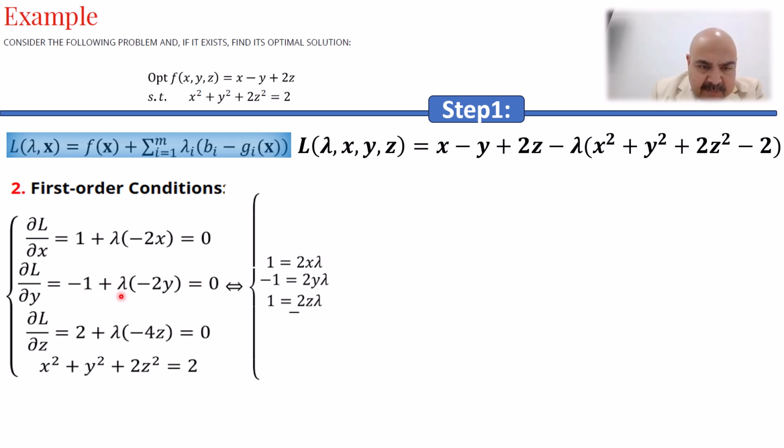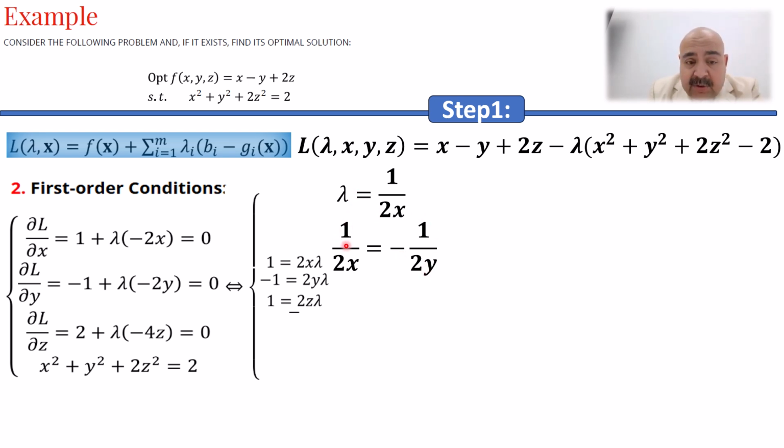Then for the second part, we'll develop negative 1 equal to 2y lambda. And for the third part, it's going to be 1 equal to 2z lambda. If we get lambda from the first 2, it's going to be equal to 1 over 2x. And from the second equation, it's going to be lambda equal to minus 1 over 2y.